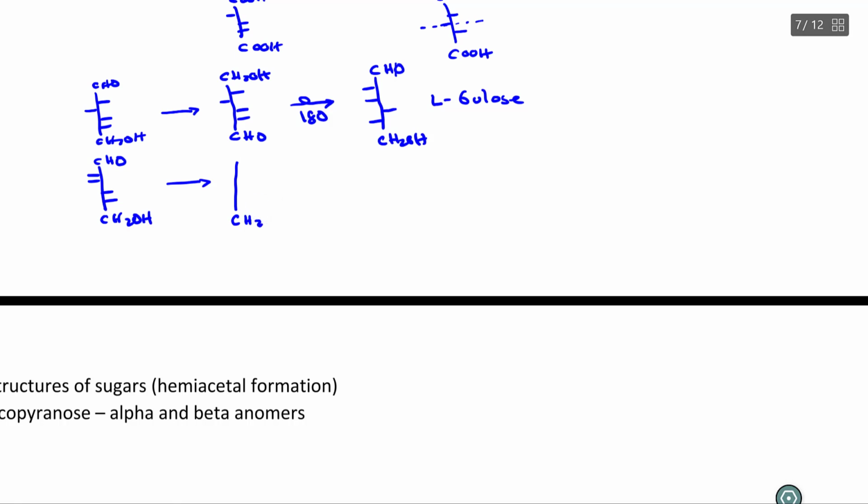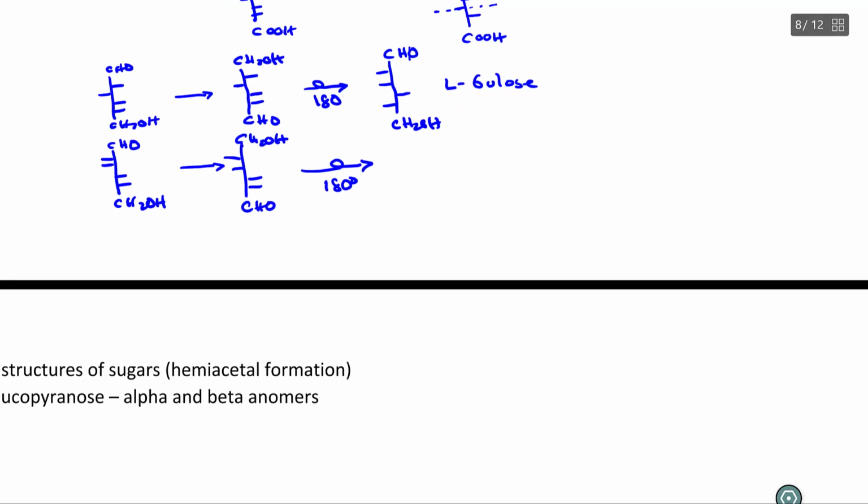It gives you this product. So at the bottom you have CHO, and at the top you have CH2OH, and we've just exchanged the functional groups at the top and the bottom. Now we're going to flip this 180 degrees. What do you notice about that structure when you flip it 180 degrees?